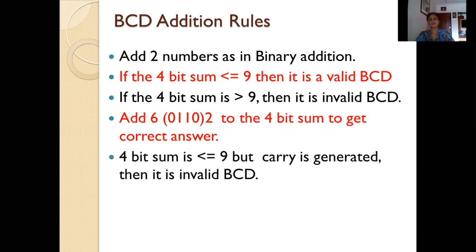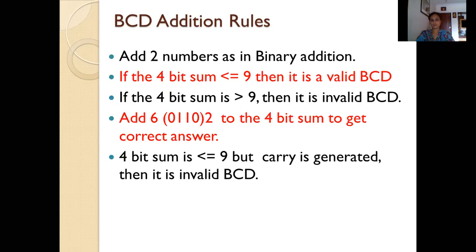Now the third case is when the 4-bit sum is less than 9, but a carry is generated, meaning the carry generated is 1. We discussed binary addition previously, and saw that in some cases when we add 4-bit binary numbers, the answer still comes out to be 5 bits. If the carry is generated, even when the sum is less than 9, it is also an invalid BCD.